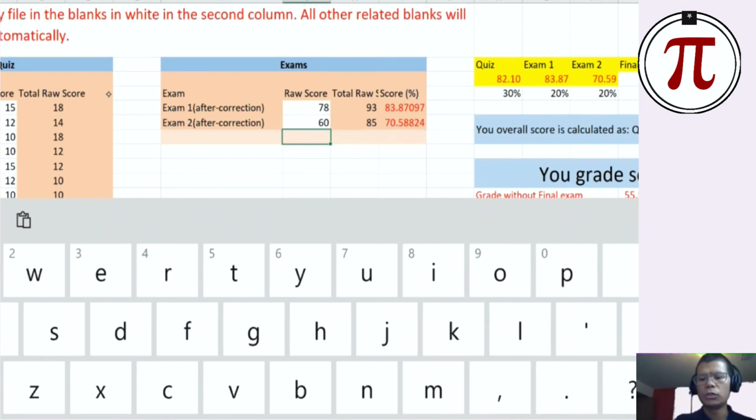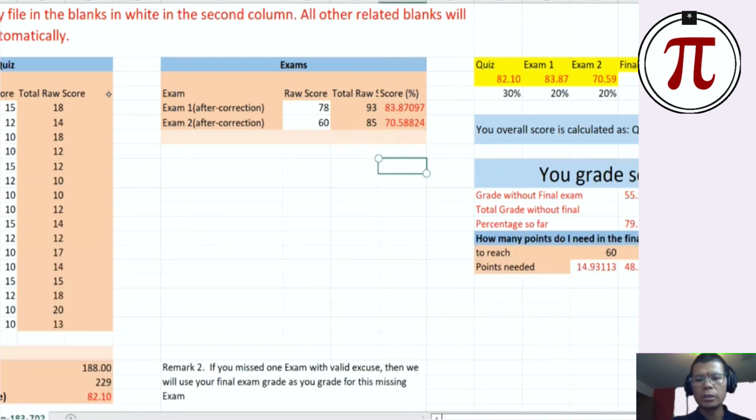So this is what I get. Now you can see that in red, that's the percentage you get, which will be used to calculate your score. And this exam grade in the yellow region is automatically updated.